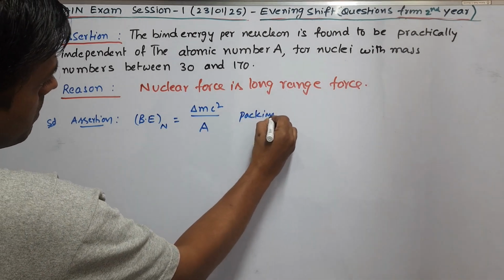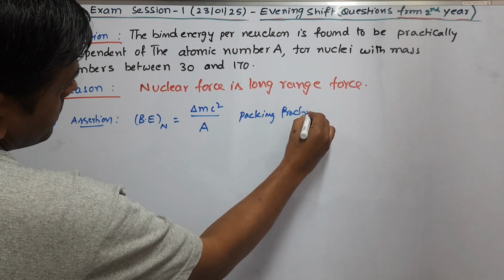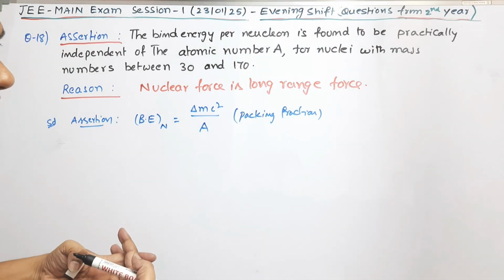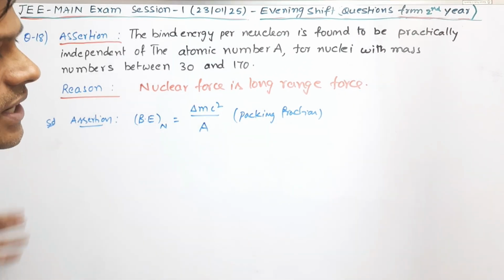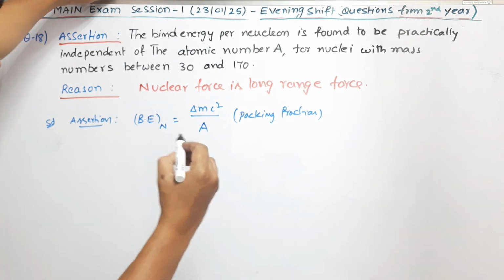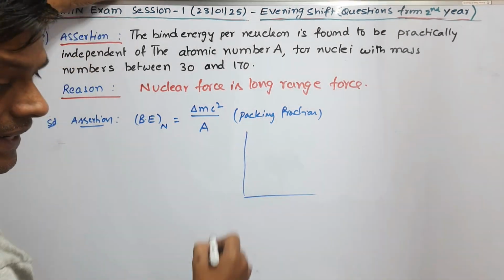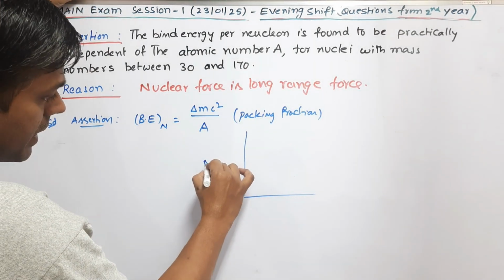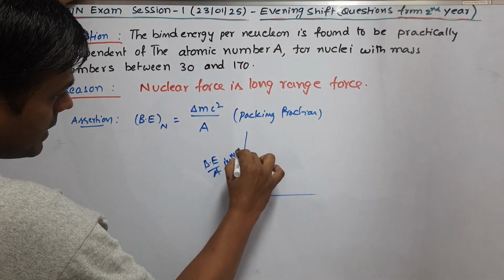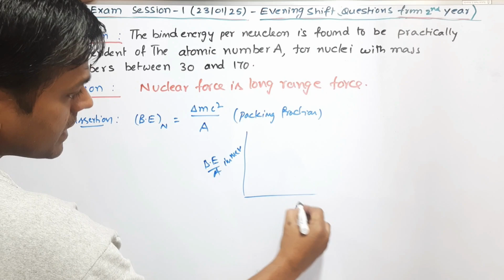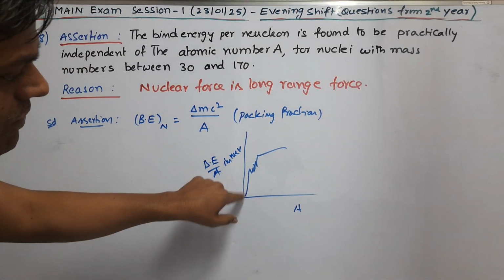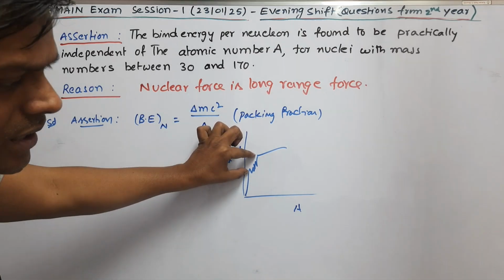That means the energy required to combine the nucleons, or the energy required to split the nucleons. So, when you draw a graph of binding energy per nucleon in million electron volts against the mass number A, in the beginning, from 1 to 20, it varies very drastically.